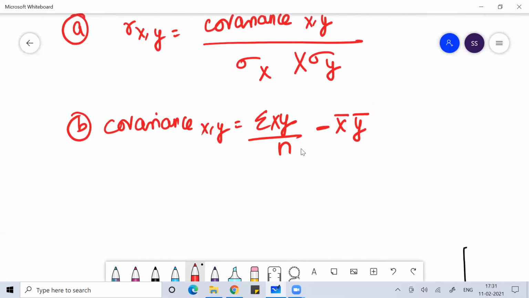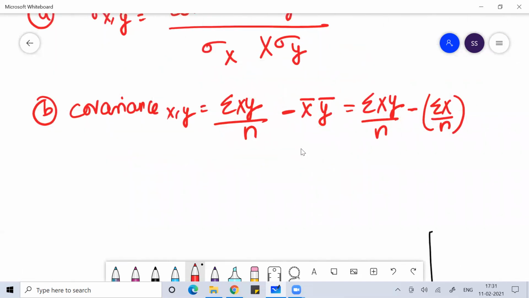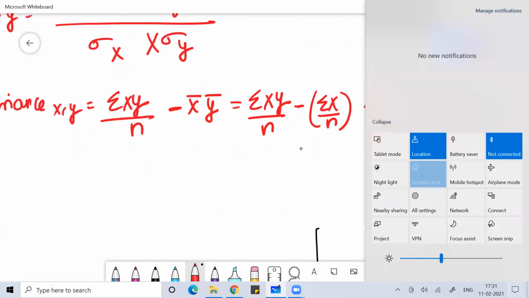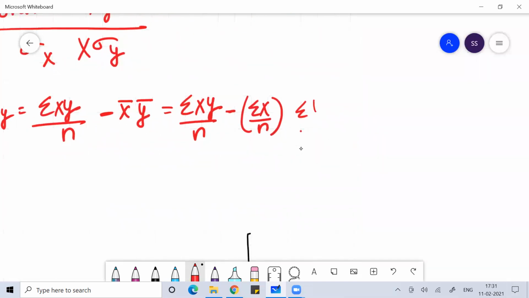Okay, so I can write this as summation of xy by n. X bar I can write as summation of x by n. Y bar I can write as summation of y by n.